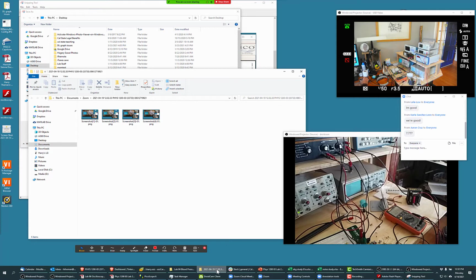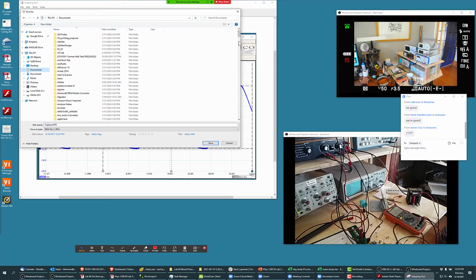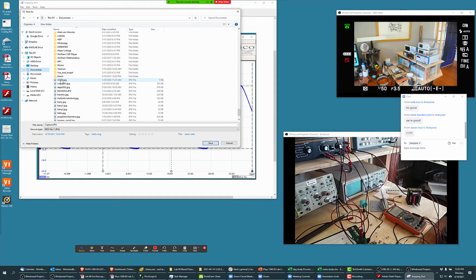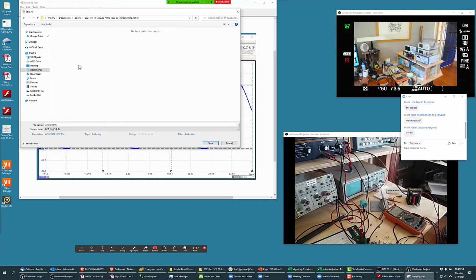This is in Zoom, huh? Oh yeah, that's right. So this is transformer on digital scope. So I'll send this to you guys.